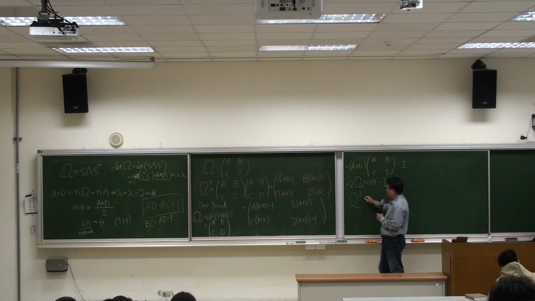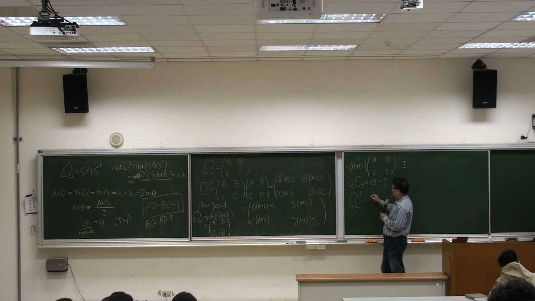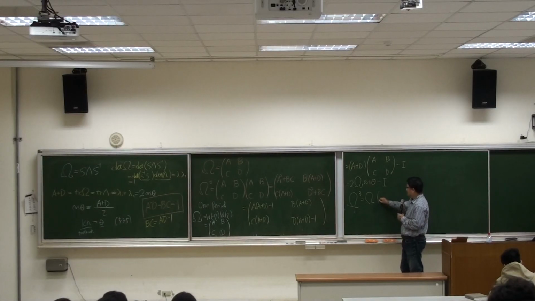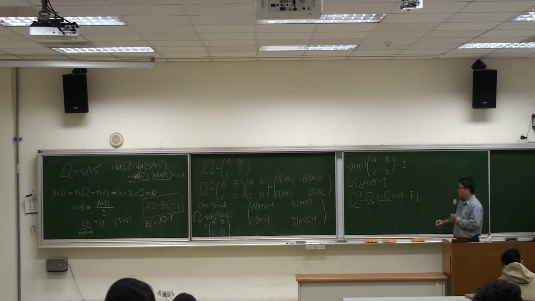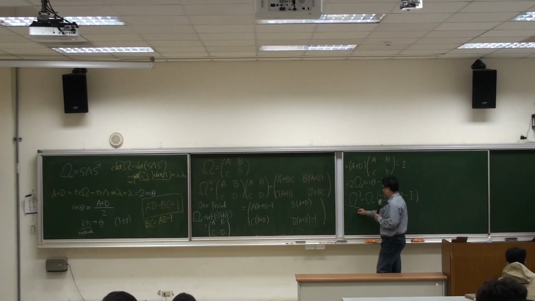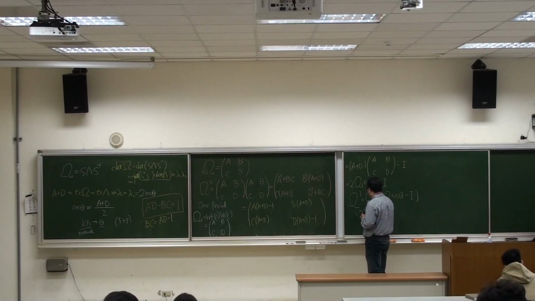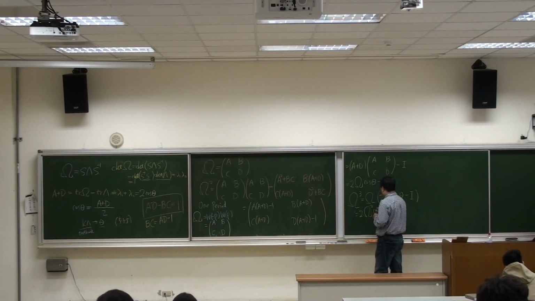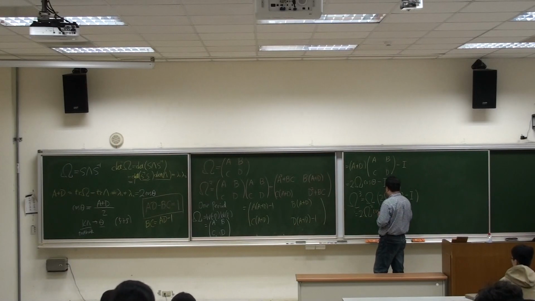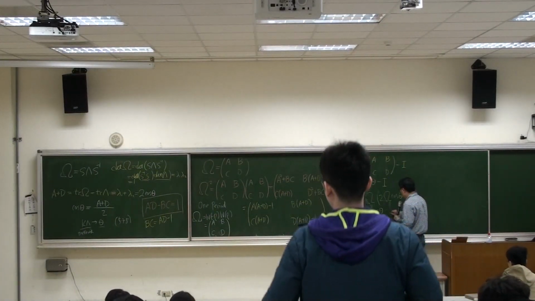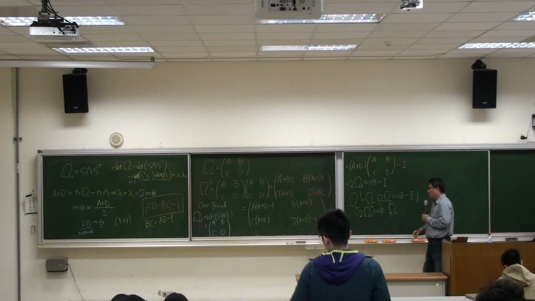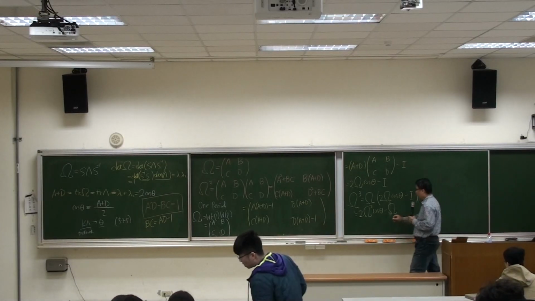Then this is just equal to omega times 2 omega cosine theta minus unit matrix, and this is 2 omega squared cosine theta minus omega.